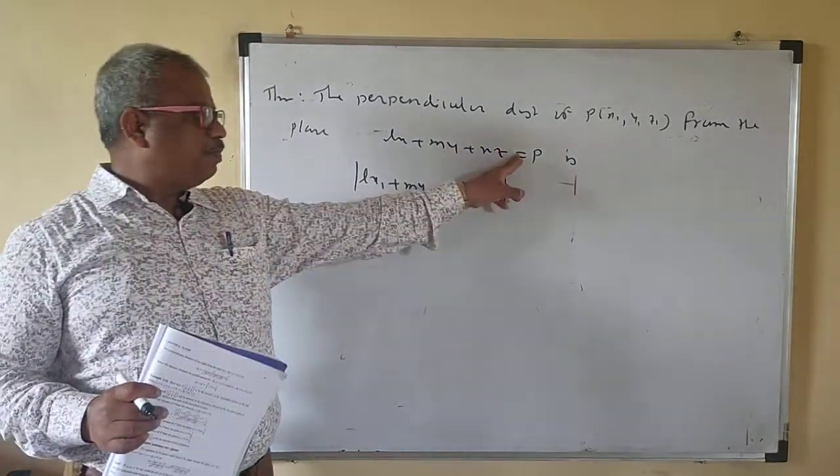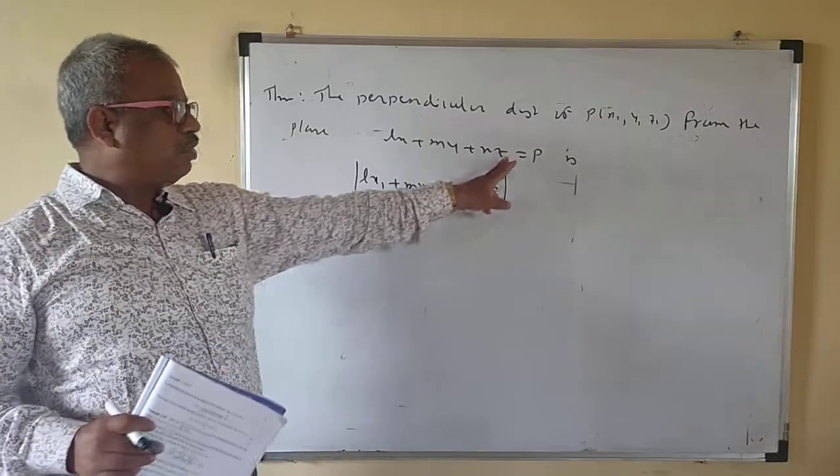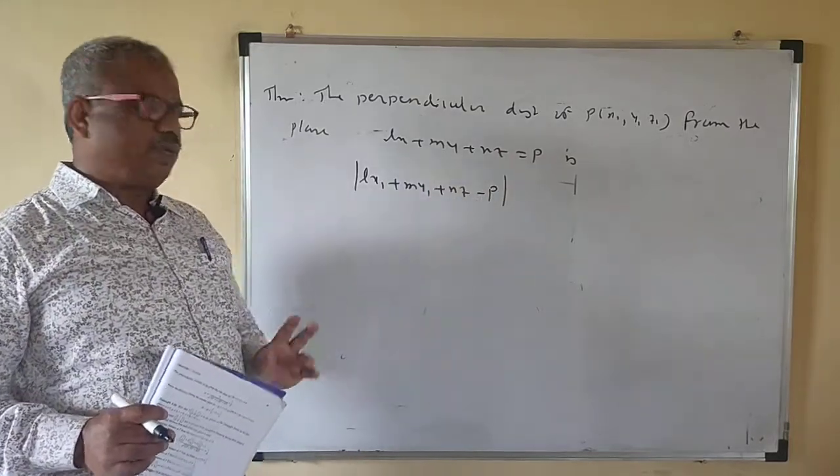If minus p is there, then minus p is there. If plus p is there, then plus p will be there. If the plane is plus p is equal to 0, then plus p will be here.